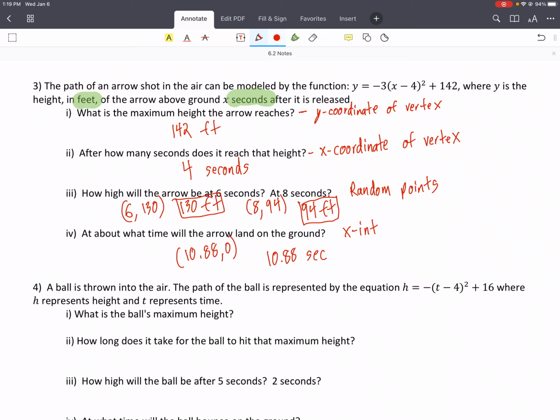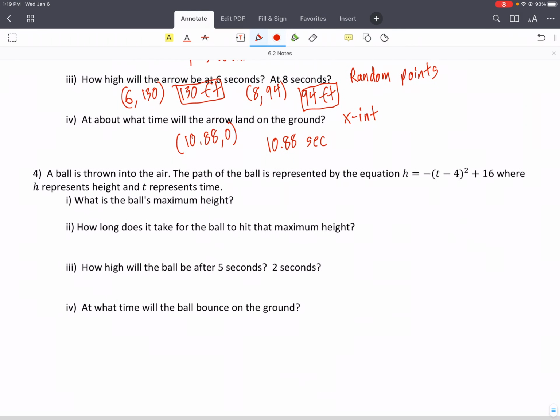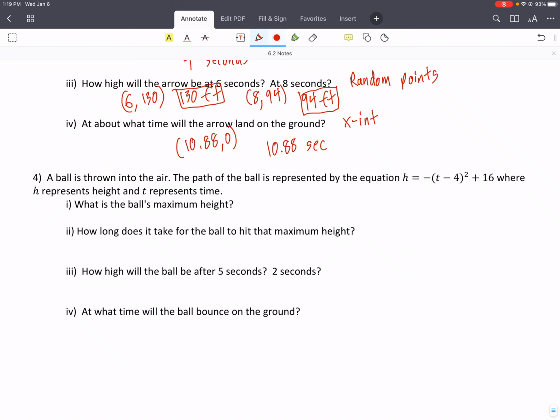Okay, so that's how we do it based off of an equation. So for this number 4 here, we would do it the exact same way. Just to help you out, what we would need to do, what's the ball's maximum height? That's the y coordinate of our vertex. How long does it take for the ball to reach that maximum height?